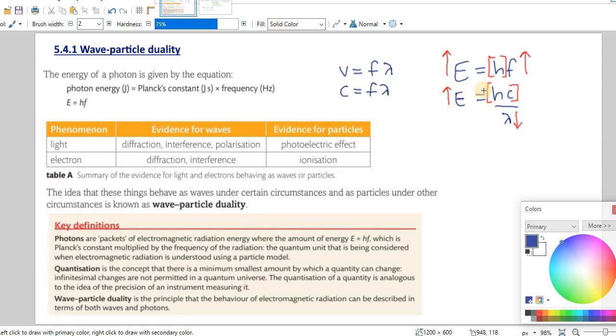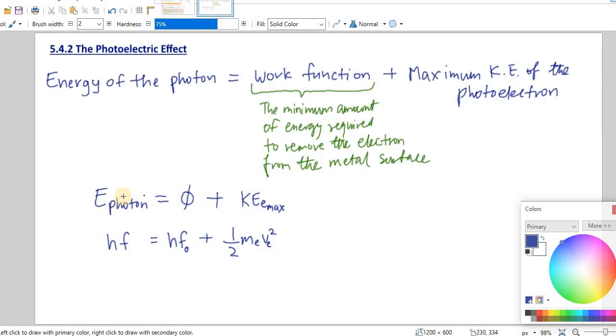So if that electromagnetic radiation, now in this case it is ultraviolet light, but let's say there is some other electromagnetic radiation which has a lesser frequency than ultraviolet radiation, then the energy that those photons carry in those waves is lesser. So if this energy of the photon is less than the work function, no photoelectric emission takes place. The electrons are not removed from the metal surface.